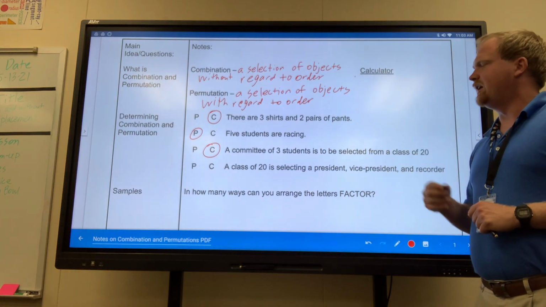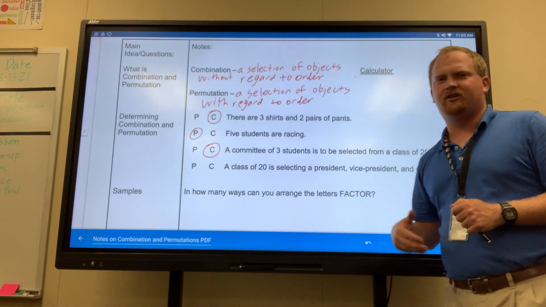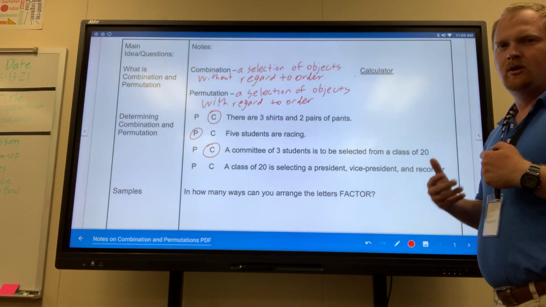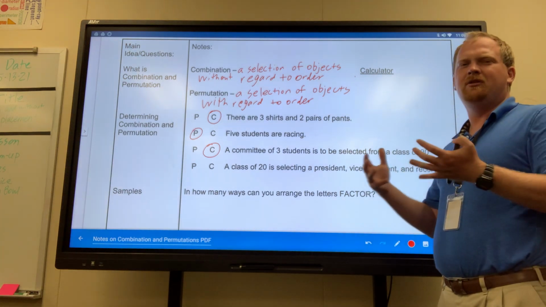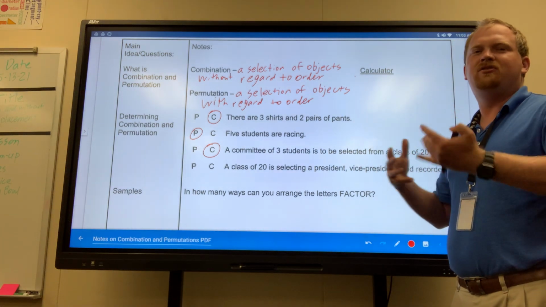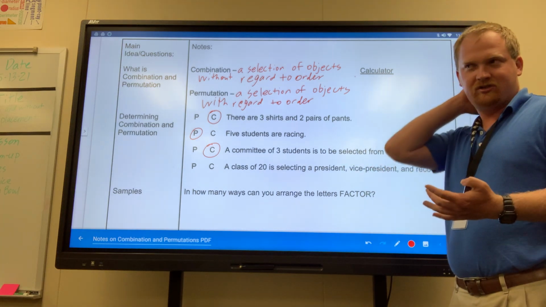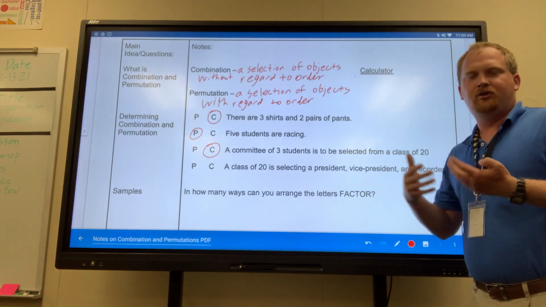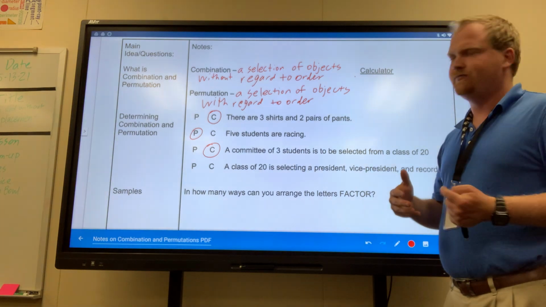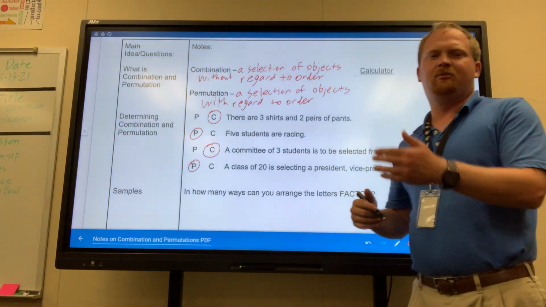Then we have a class of 20 that is selecting a president, a vice president, and a recorder. Well, this time, even though they're not in a specific order, there's different power. You know, a president has different power than a vice president and a recorder does. So the order actually does matter, because one could be a president, the other one could be a vice.